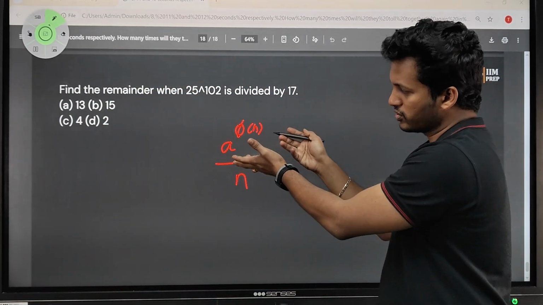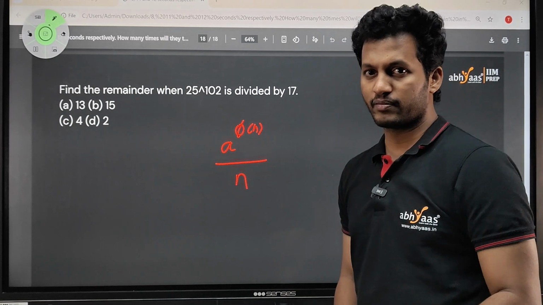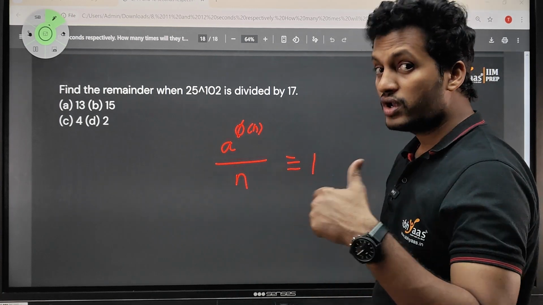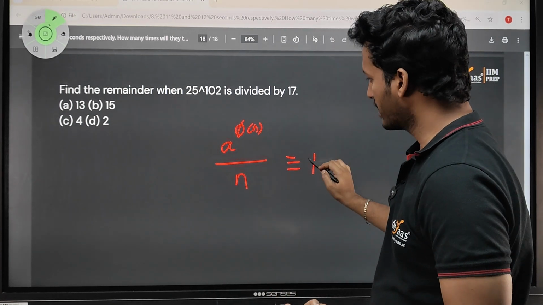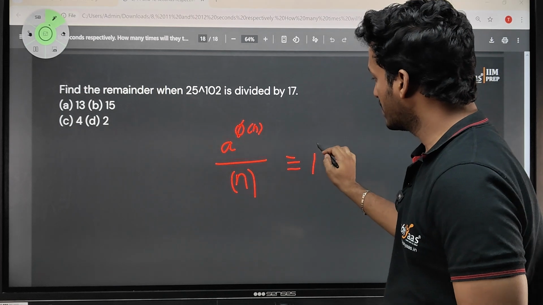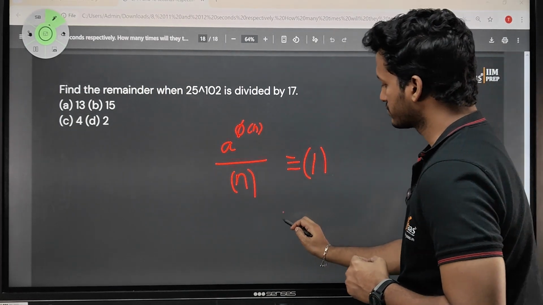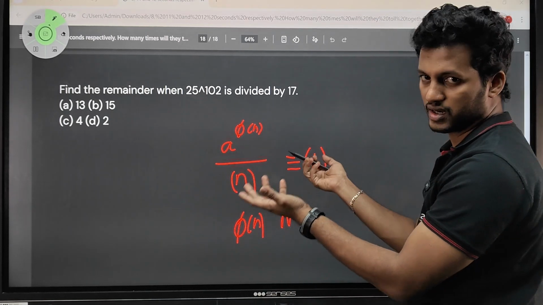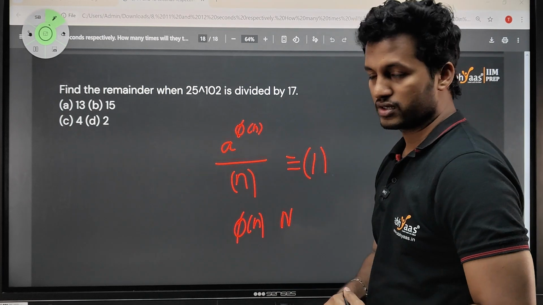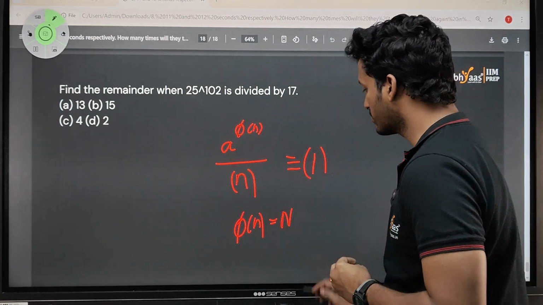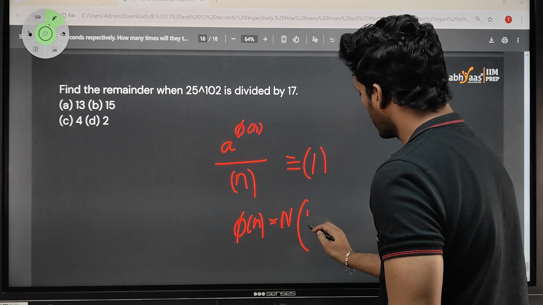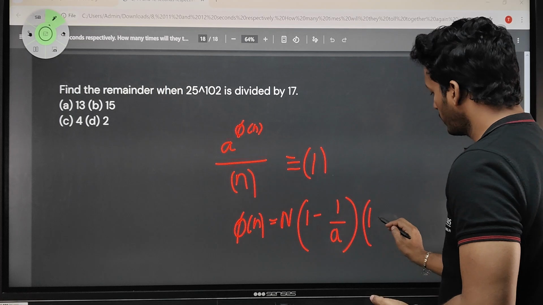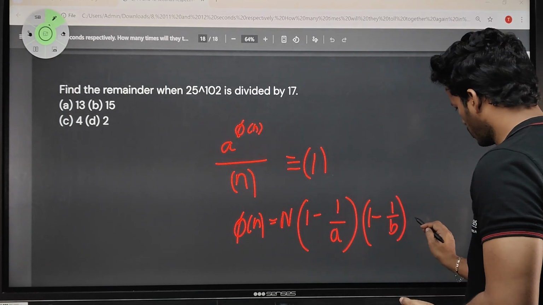When a number with an exponent is divided by a composite number or even a prime number, this whole number will leave remainder 1 only when the exponent, which they call the totient, phi of n, is nothing but n into 1 minus 1 by a into 1 minus 1 by b, and so on.